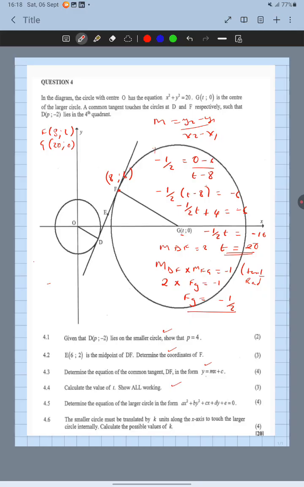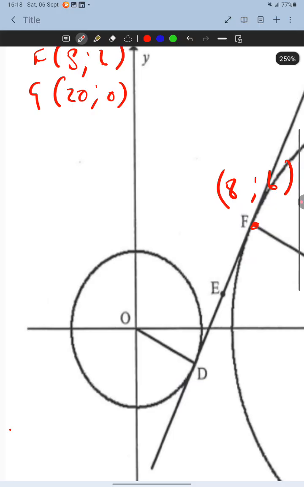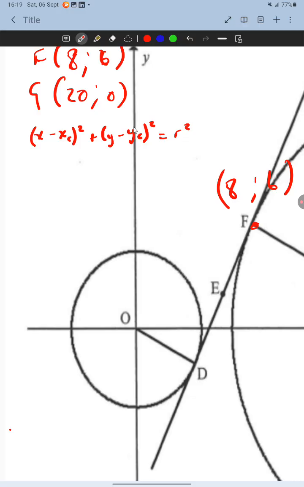So if that's the case, let's try to find the equation. The point is 8 and 6. So how do we find the equation? It is x minus x of the center, squared, plus y minus y of the center, squared, is equal to r squared, right?